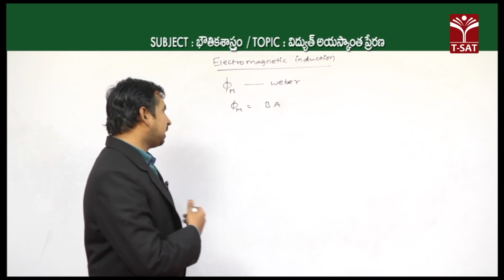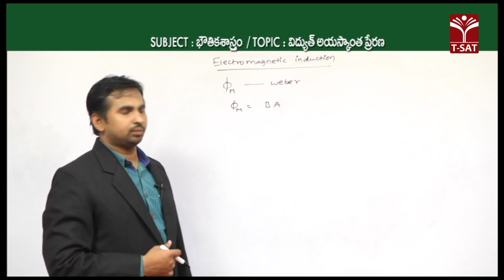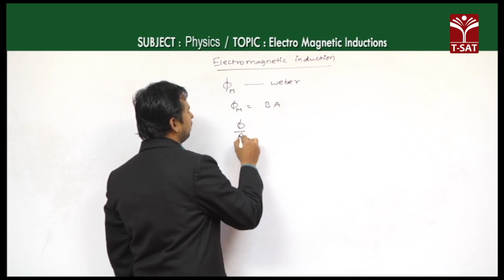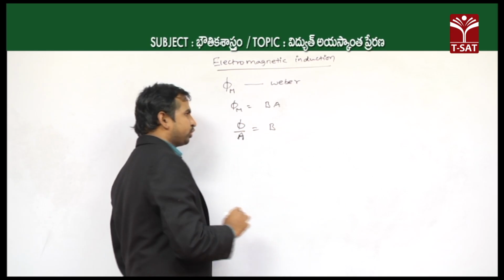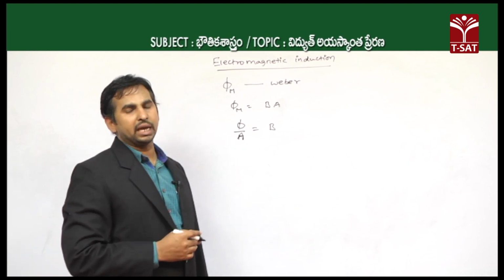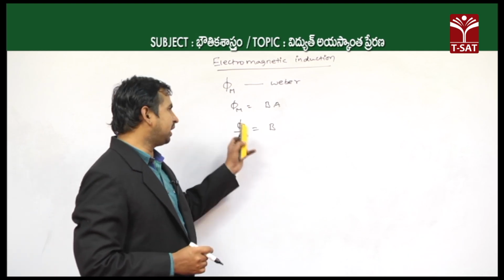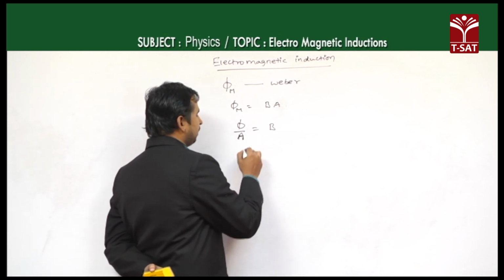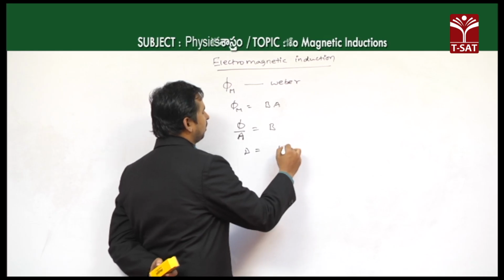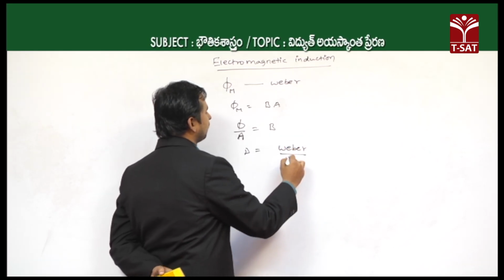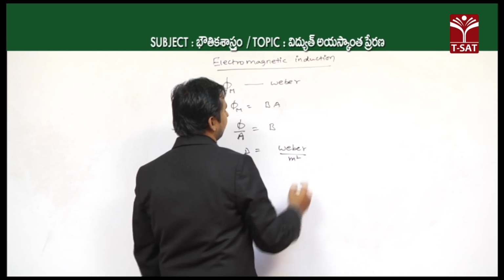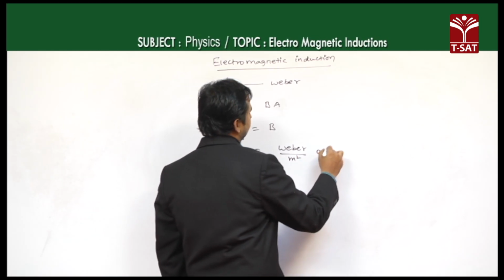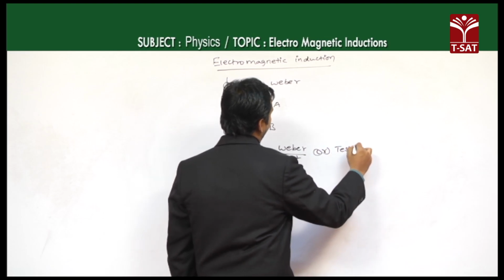The flux per unit area, meaning the number of magnetic lines passing over unit area, is what we call magnetic field strength, B, where B is equal to phi by A. The units of B are Weber, which is for phi, per meter square, which is also called Tesla.